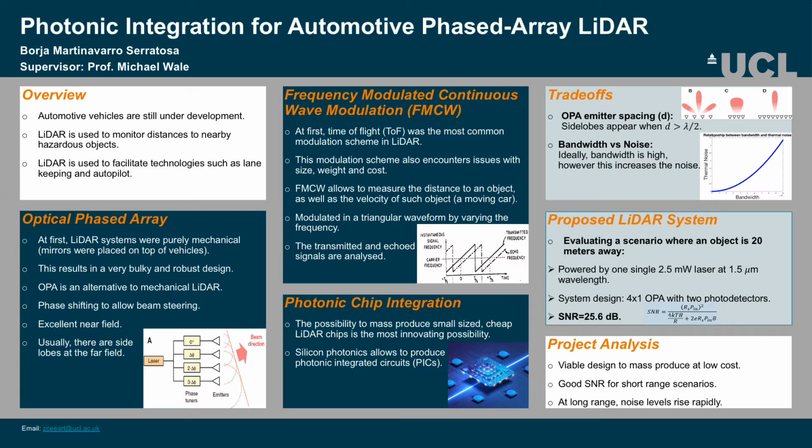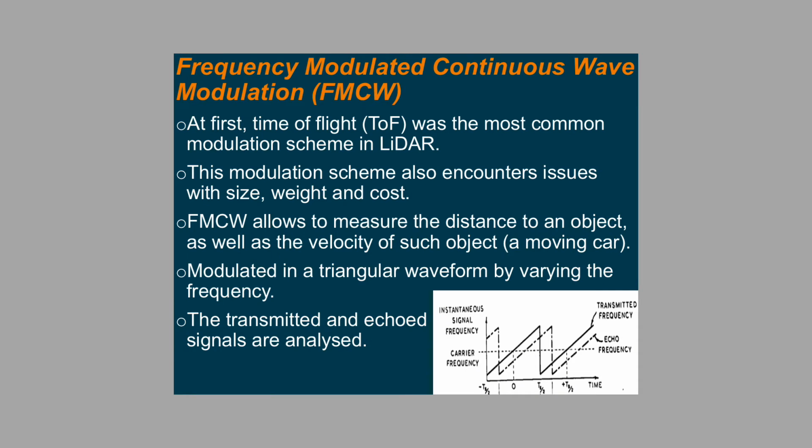Now let's talk about the modulation schemes. At first, in LiDAR systems, time of flight was the most common modulation scheme. Time of flight basically utilizes the time measurements for a laser source to go back and forth when rebounded from an object, and from there measurements for the distances to those objects were taken.